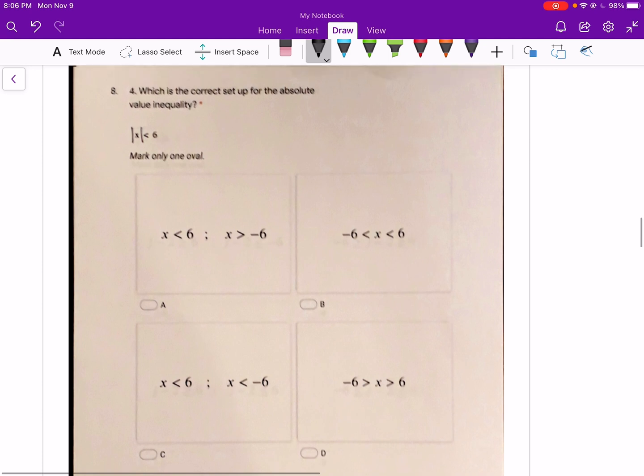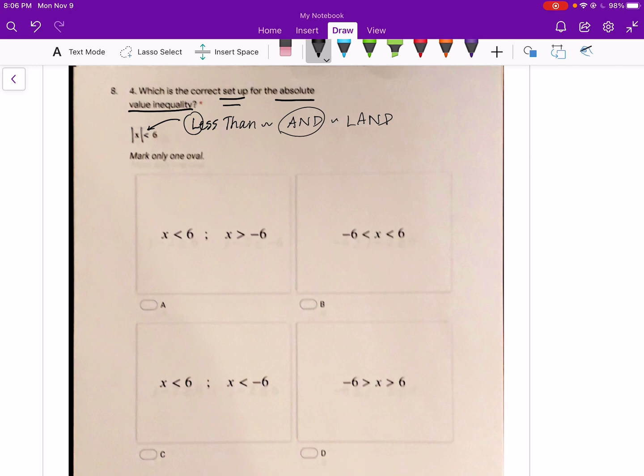Number 4, which is the correct setup for the absolute value inequality? So all I want to know is the setup. This, ladies and gentlemen, is a less than sign. So less than sign means it's going to be an and, or I remember them as lands, an L and then an and, land.